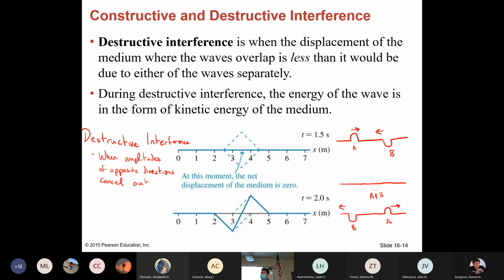And remember, amplitude within sound is the loudness. So if we're canceling out amplitudes, we're canceling out the loud. One loud source and another loud source make each other quiet in certain spots. But then there were other spots that were extremely loud, which would have been constructive. Yeah, exactly.